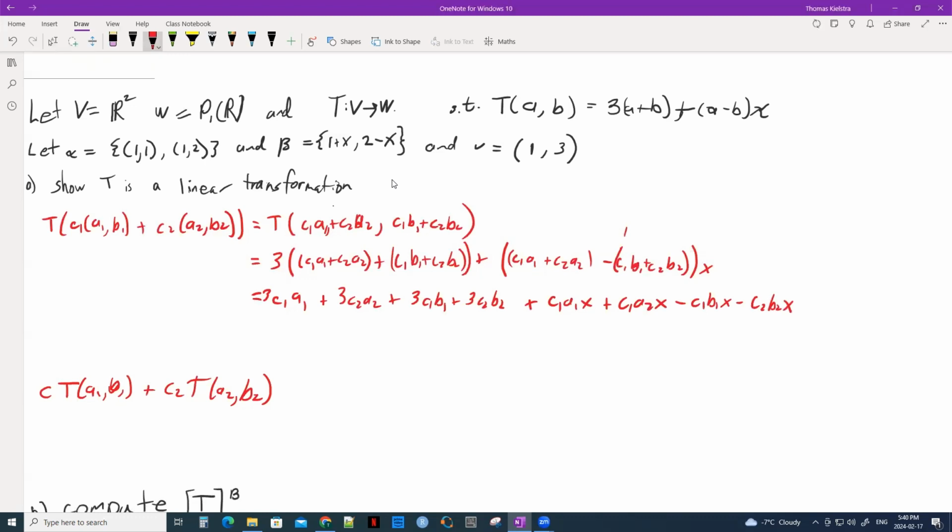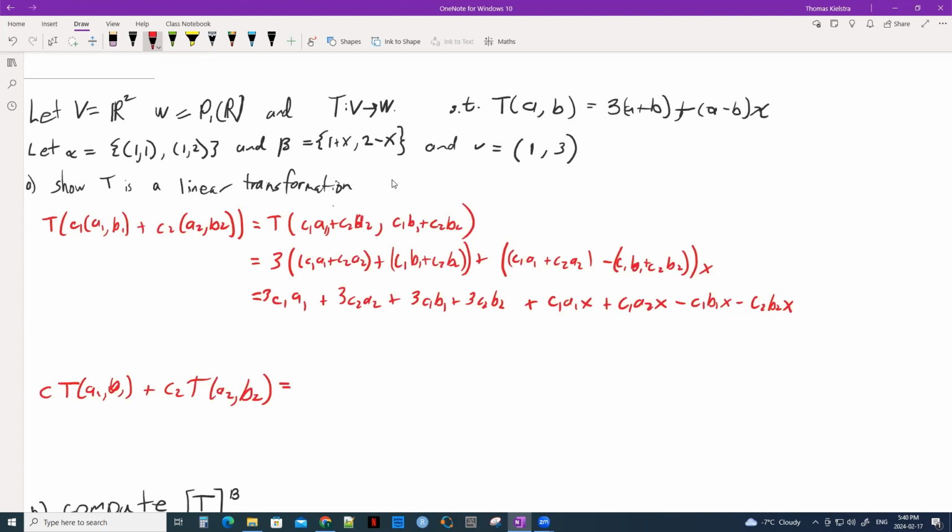And to go from one step to the next all the way along, there's some justification we should be providing in terms of using our distributive properties and the definition of T. What rules in the vector space V did I apply? What rules in the vector space W did I apply? I encourage you to work through it first and then add your justification after.